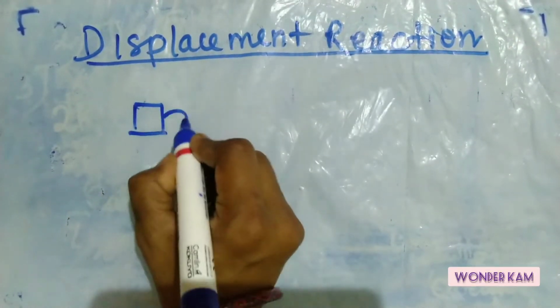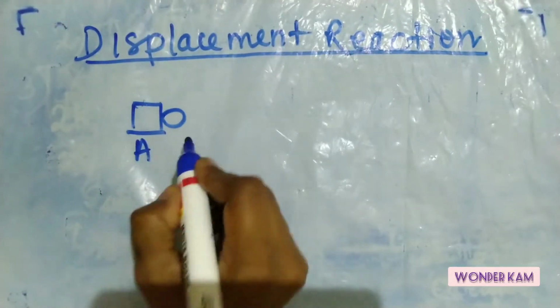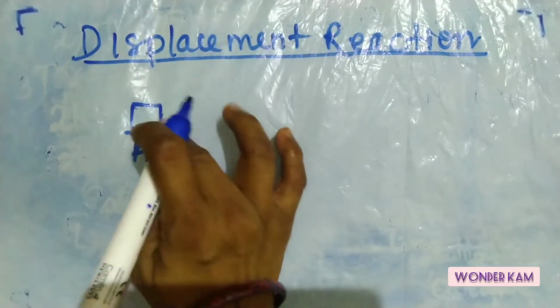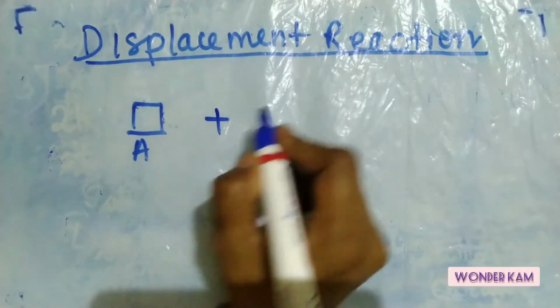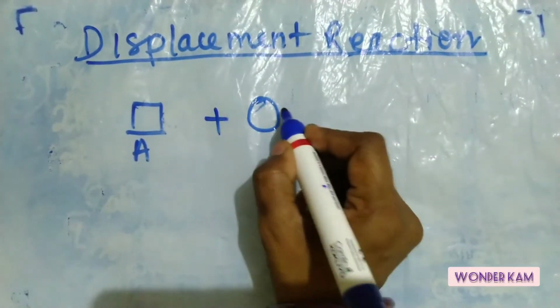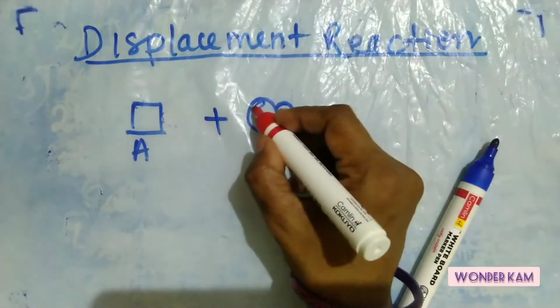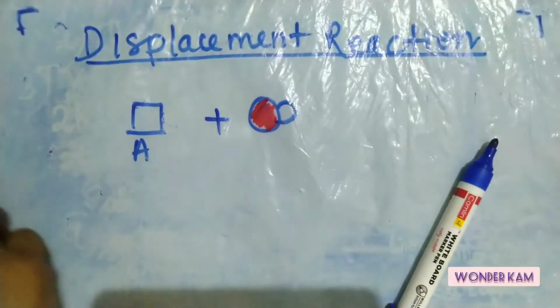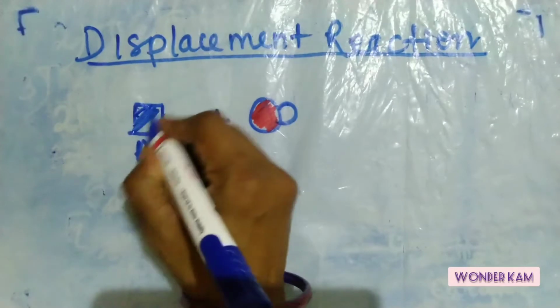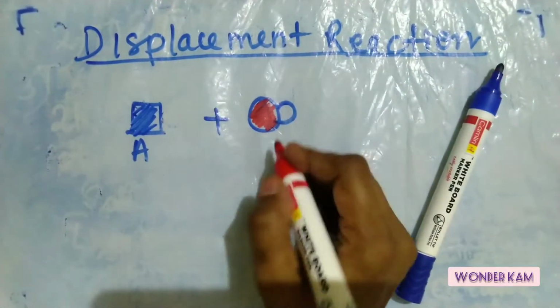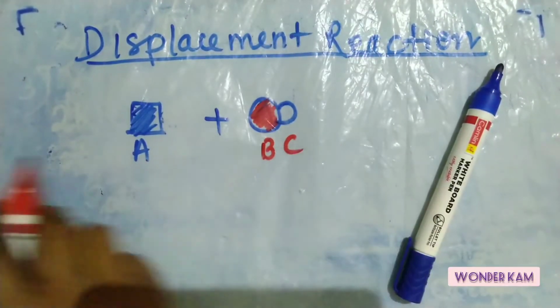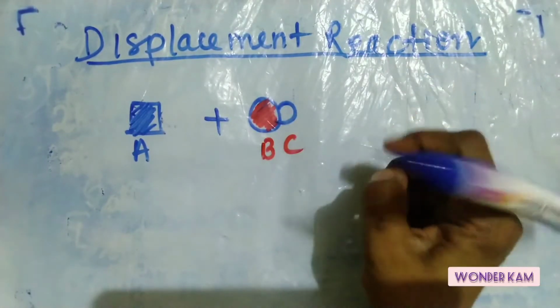Suppose this is A. When it reacts with a compound, suppose this type, B and C, it will give the product.